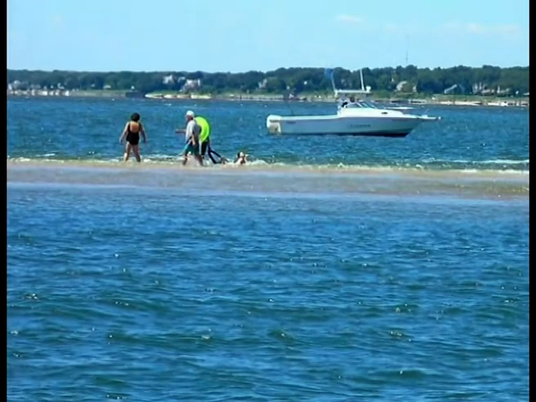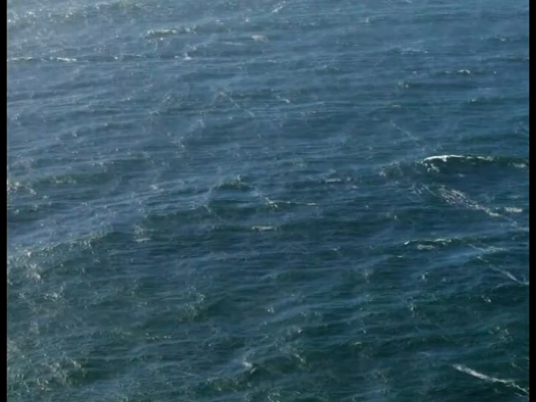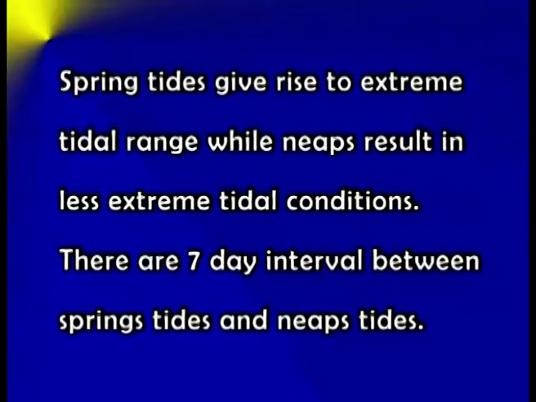The result is that the crest and the trough tend to cancel each other and the range between high water and low water is small. These are low amplitude neap tides. Spring tides give rise to extreme tidal range, while neaps result in less extreme tidal conditions. There is a 7-day interval between spring tides and neap tides.